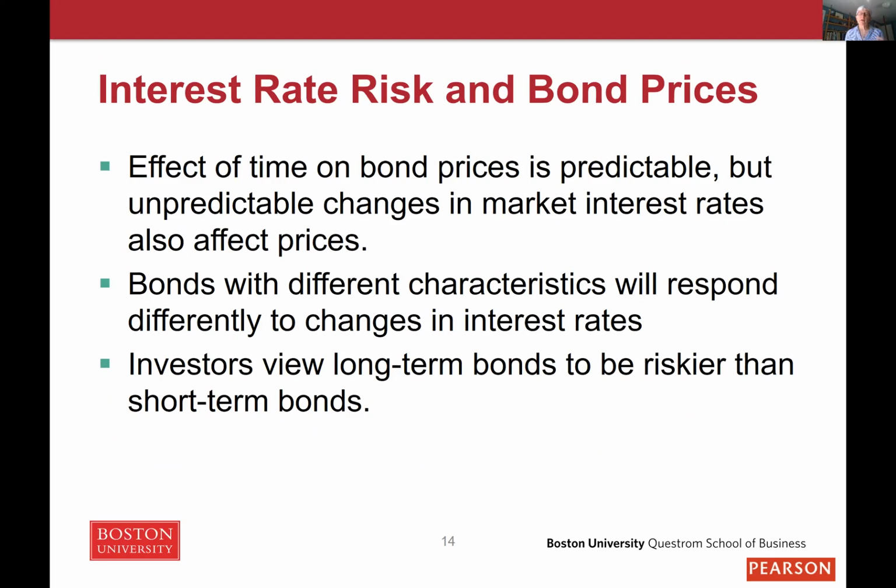So bonds with different characteristics are going to respond differently to changes in interest rates. And in general, because things can change a lot, when interest rates change, investors tend to see long-term bonds as riskier than short-term bonds. So what we're going to do is explore how this all works.